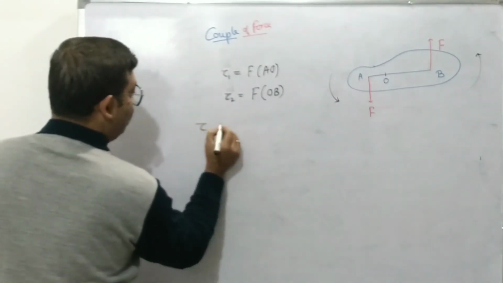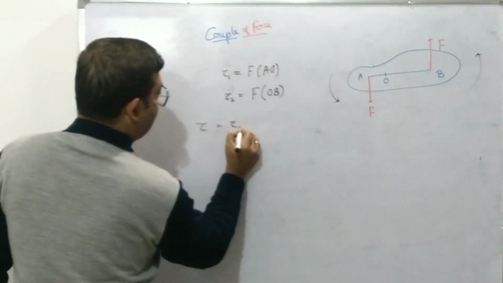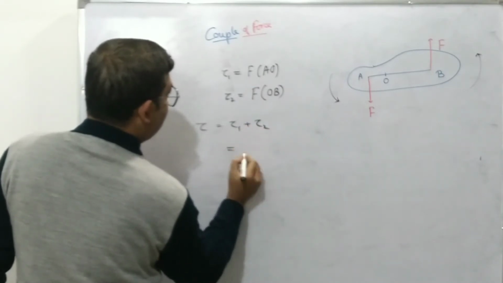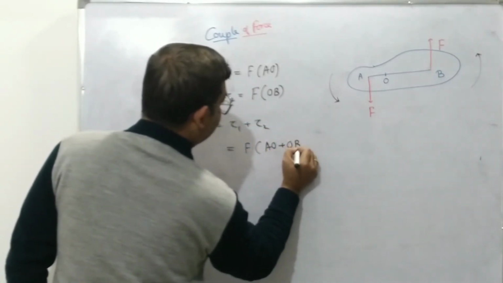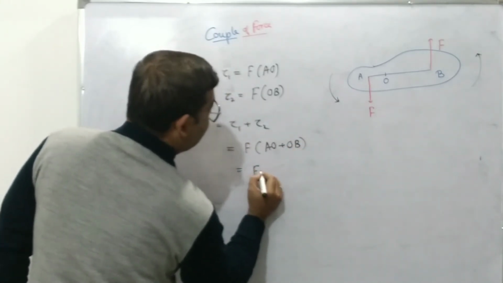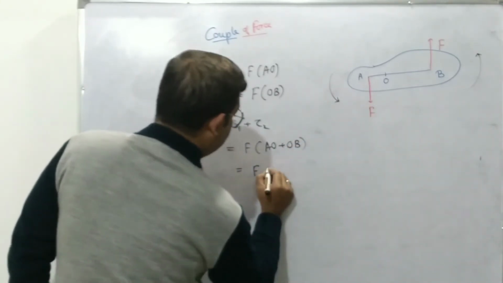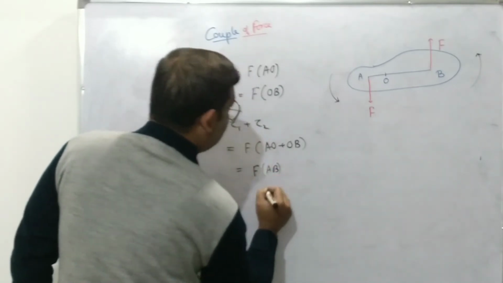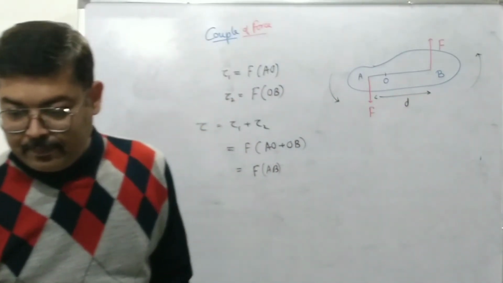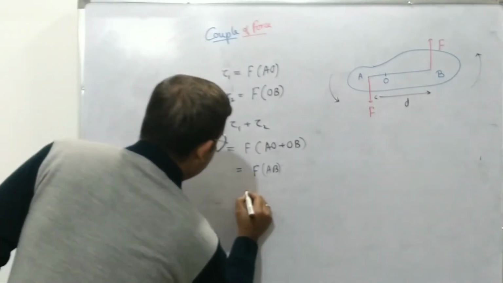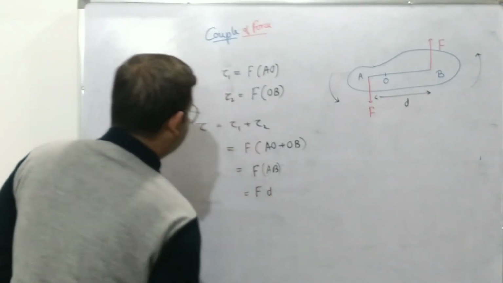So the net torque of the couple will be tau1 plus tau2, which is equal to F into AO plus OB, which is equal to F into AB. If I call the distance between the two points D, then this will be equal to F into D.